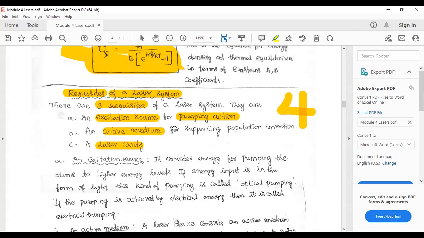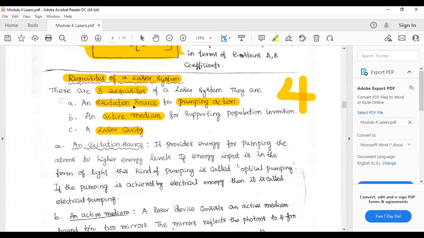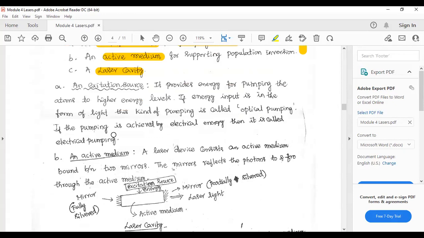You should not make that mistake. Therefore, I am stressing this. Be careful. Requisites are the materials. Conditions are the mechanisms. Let me repeat once again. Requisites are the excitation source, active medium, and laser cavity. These are the materials you have to make sure of.